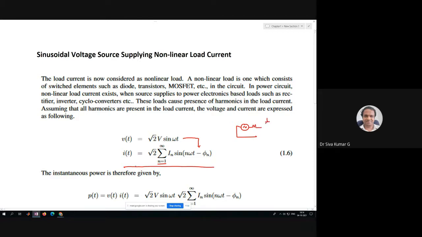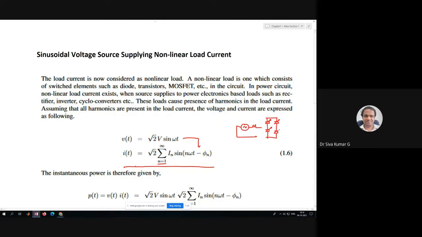But typically, when you take this kind of source with a nonlinear load, you can take any kind of bridge rectifier load, a controlled rectifier.